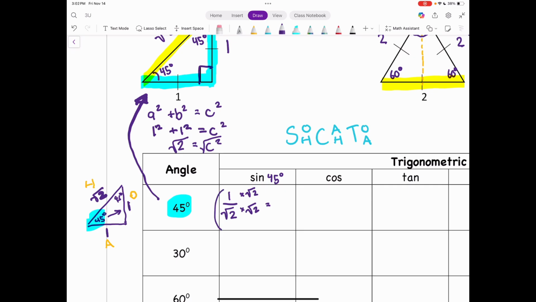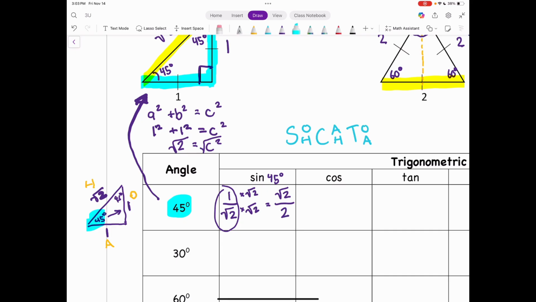Technically this answer is correct, but mathematicians don't like having square roots in the denominator. So when we multiply the numerator and the denominator by the square root of 2, we end up with 1 times the square root of 2, which is the square root of 2, over the square root of 2 times the square root of 2, which is just 2.